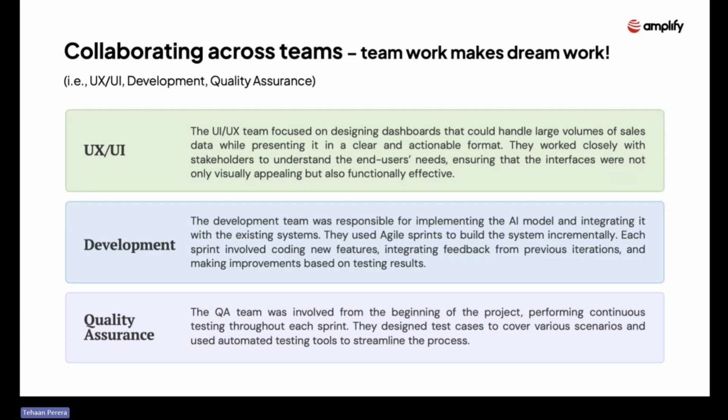You get UX, UI, dev, quality assurance, BA. So I'm going to talk about three of those, as you can see here: UX/UI, development, and quality assurance. Let's first talk about what the UX, UI engineers do.